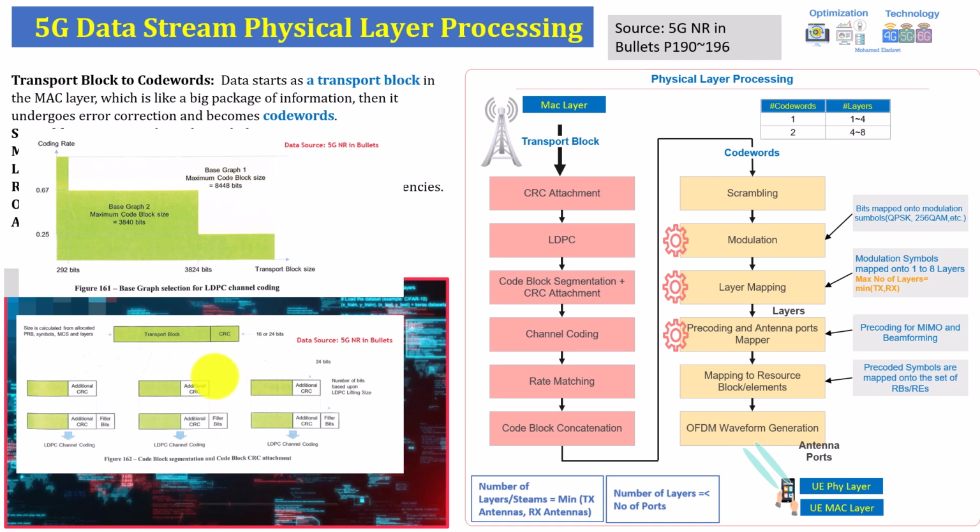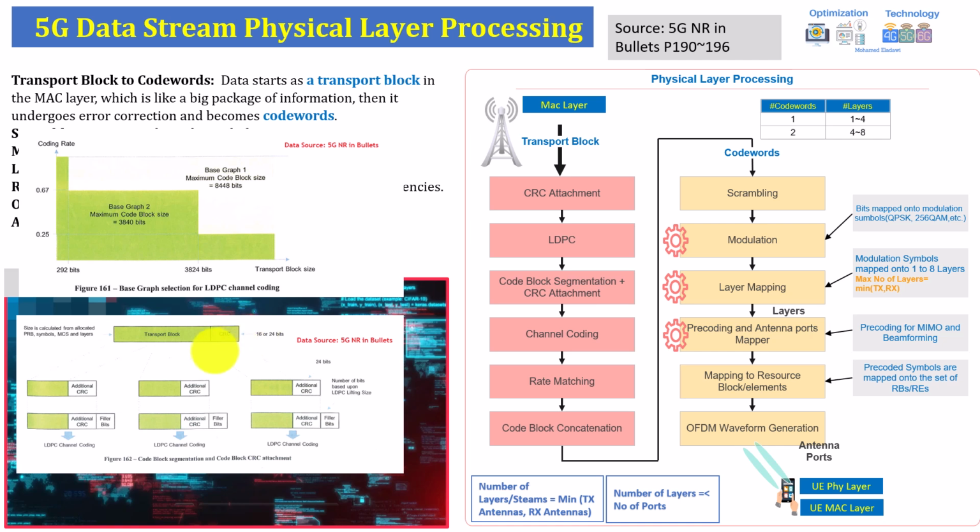As you can see in the figure at the bottom left here, there was a transport block initially, and a CRC is attached with the cyclic redundancy check. And this size can actually vary, either 16 bits or 24 bits. This is one of the advancements done on top of the 4G network. For example, 4G was fixed to 24 bits all the time, regardless of the transport block size.